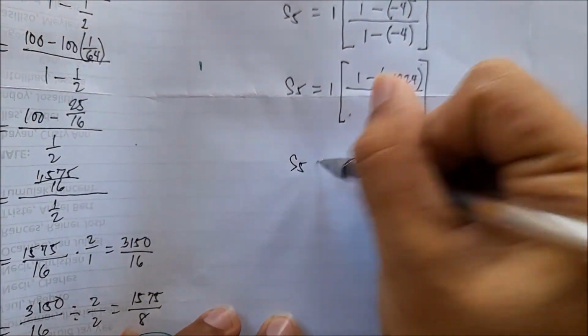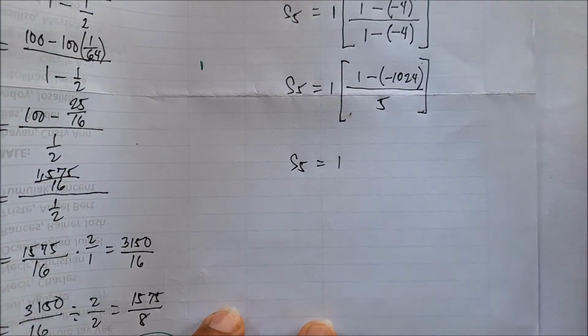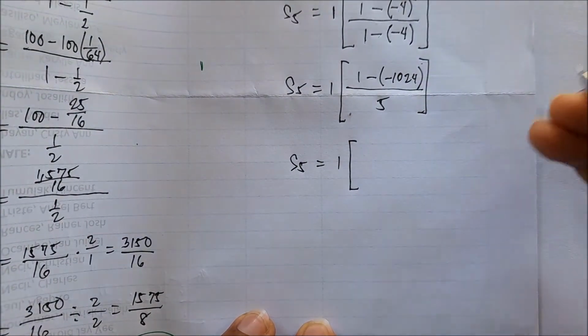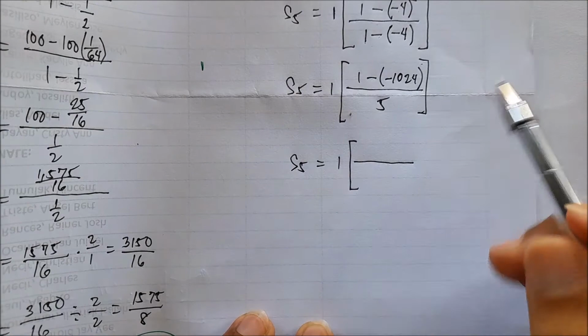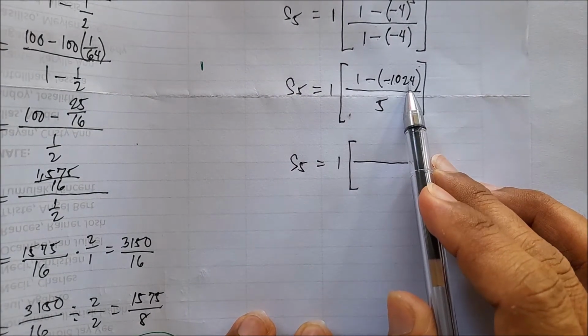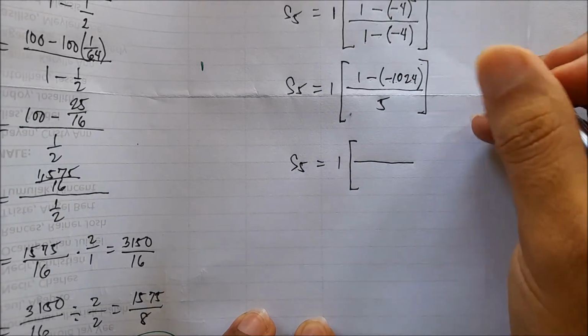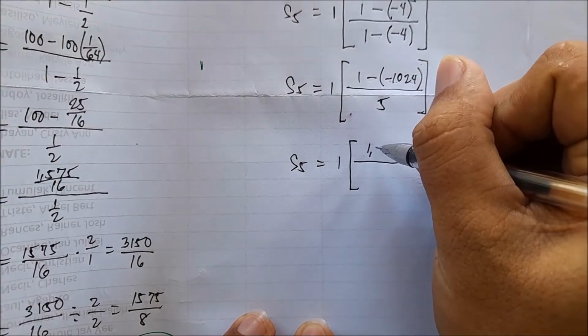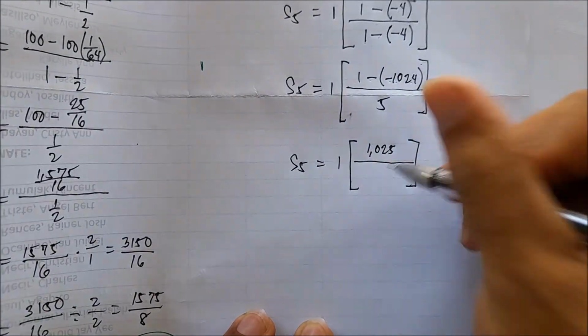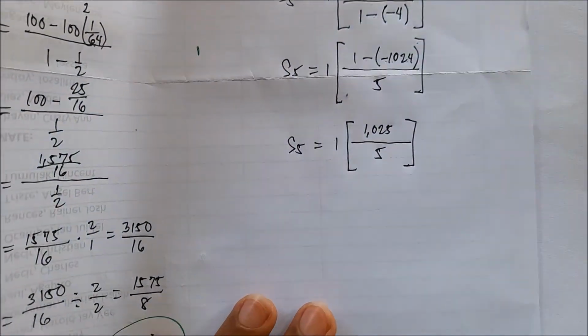S sub 5 equals 1 times. Then, solve 1 minus negative 1024 equals 1025, over 5.